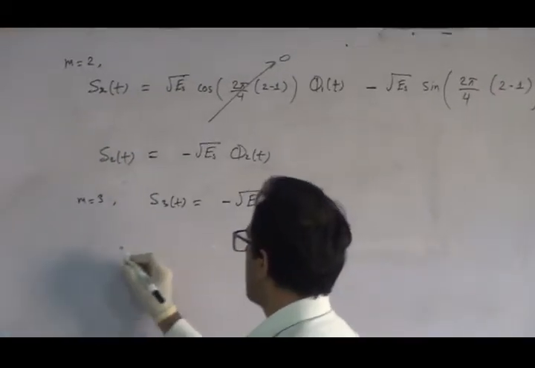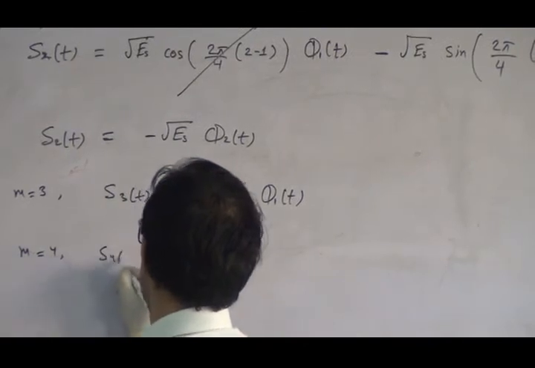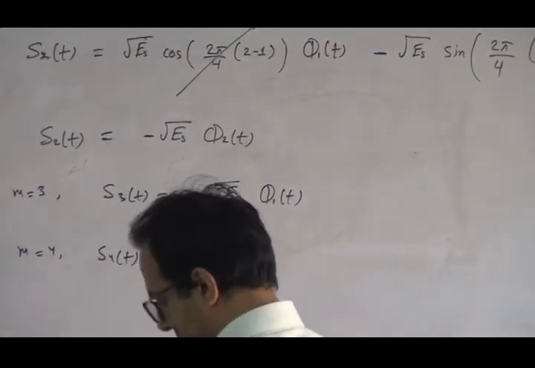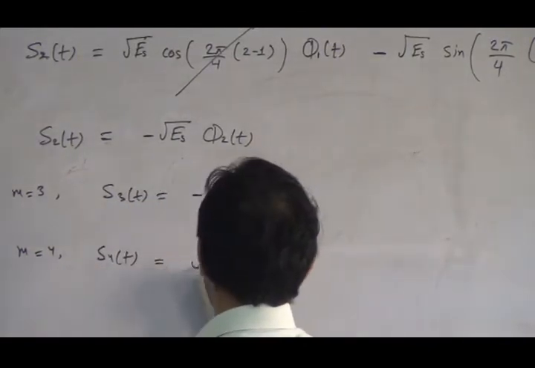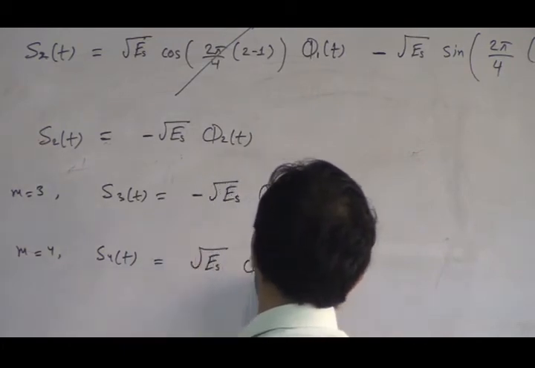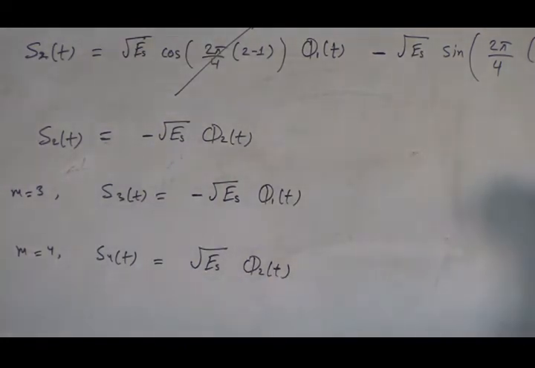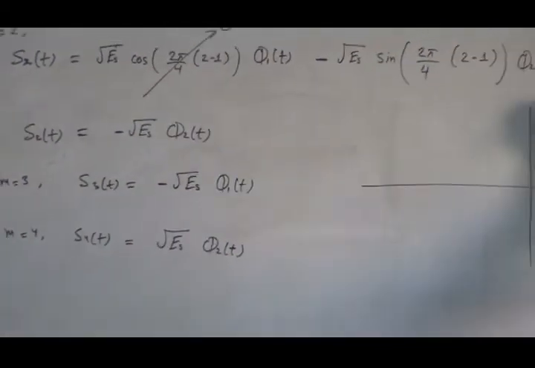And S4 of t will be under root Es phi 2 of t, right? Now let's plot it onto the constellation diagram. Since we have two basis functions, we have two axes. One axis belongs to phi 1, the other one belongs to phi 2.